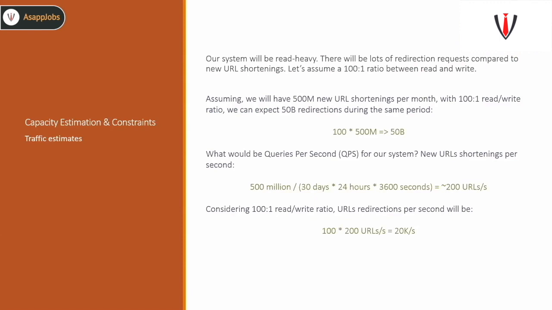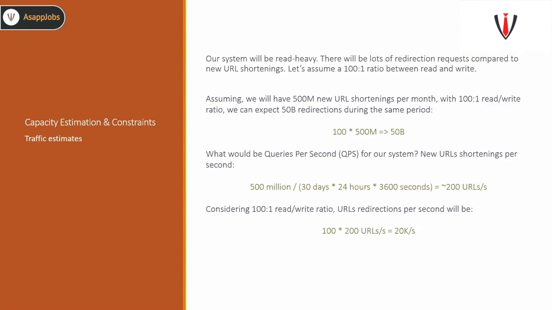Right? Then once you know that, what will be the queries per second for our system? So it's 500 million. You divide that by, let's say, 30 days, 24 hours, and 3,600 seconds, and you get 200 URLs per second. It's interesting to think about it, that you're thinking through all these scenarios, that there are going to be this many queries per second.